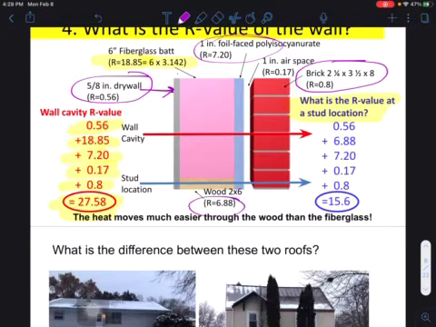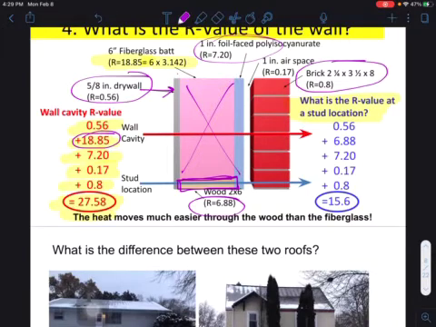Now remember up here where we had the fiberglass, the R value is 18.85. But down here, where the stud location is, there is no insulation. It's just made of wood. It's the wood structure for the wall. And these 2x6 studs are every 16 inches in the wall. And then in between those studs is the fiberglass.